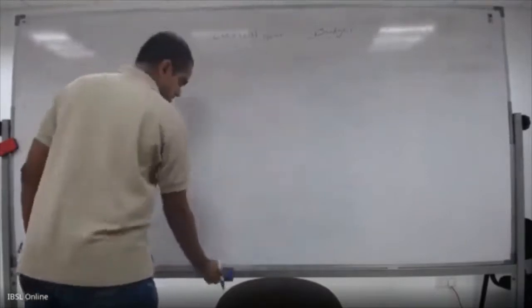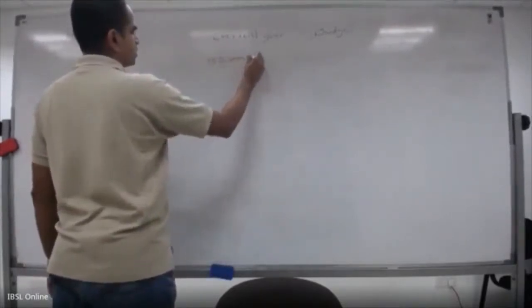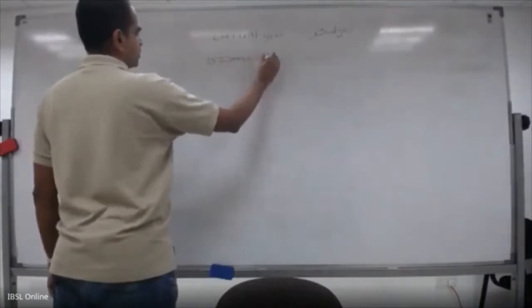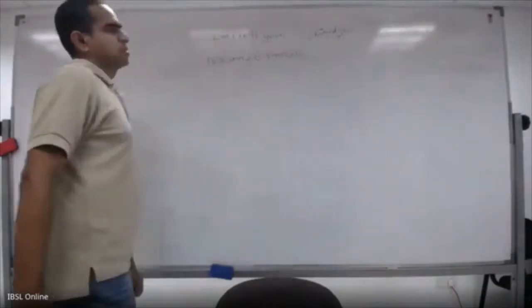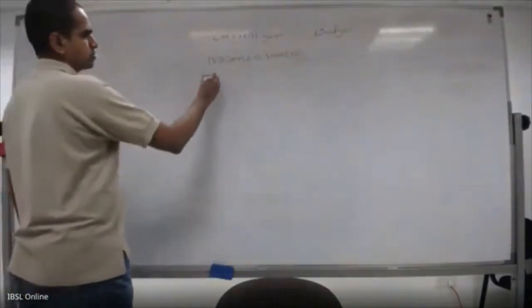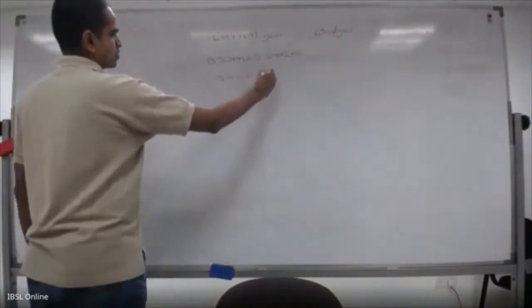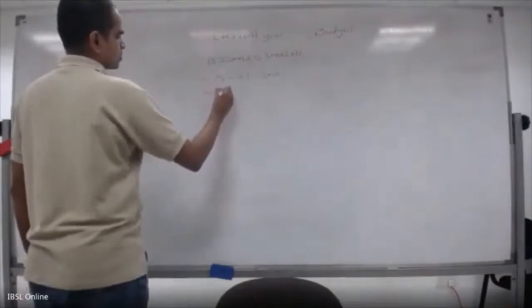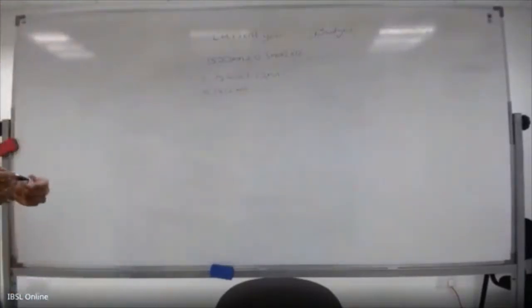Let's do it in million. I will say 1,500 million plus 5 million into... 1,512 will be this year's budget.